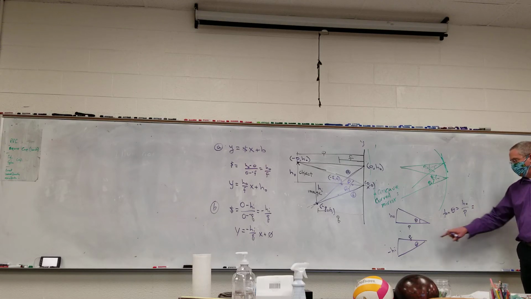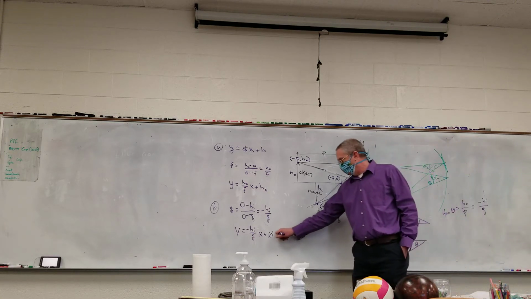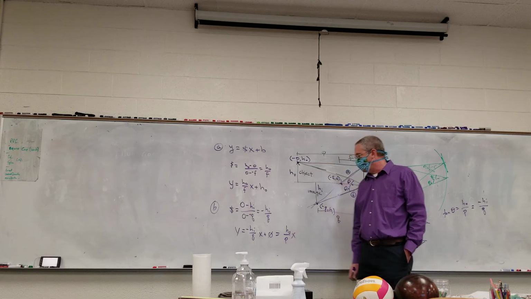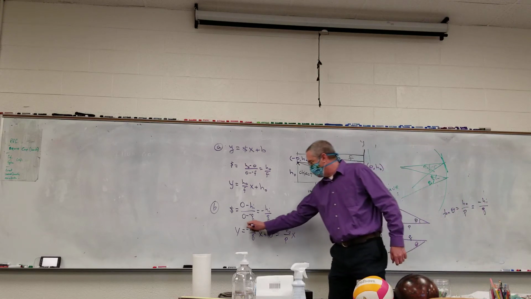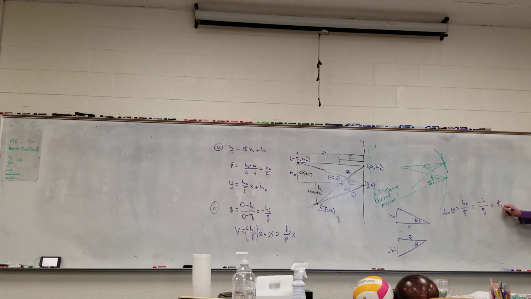So tangent of theta from the bottom triangle is negative hi over q. So my equation over here, therefore, can be written as h0 over p times x. That's just my slope of line B.